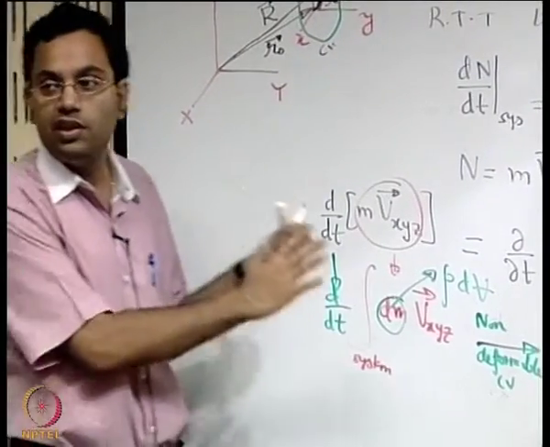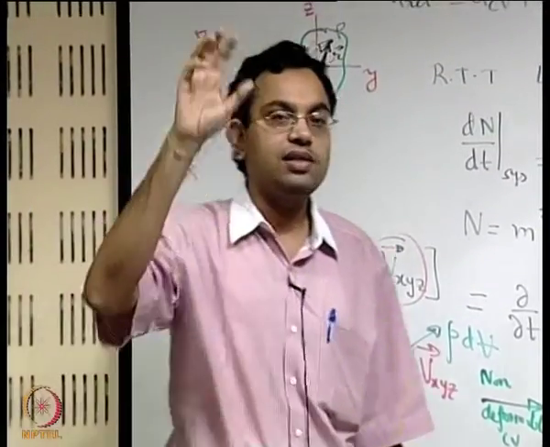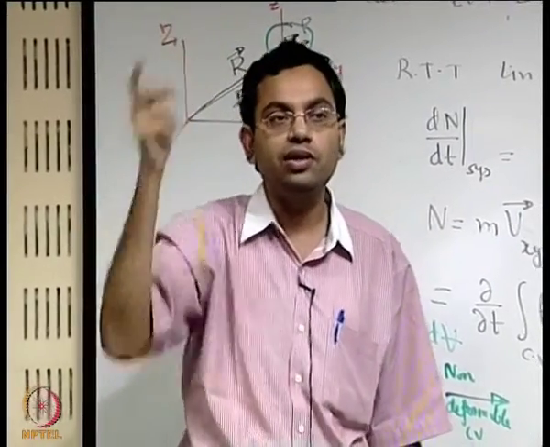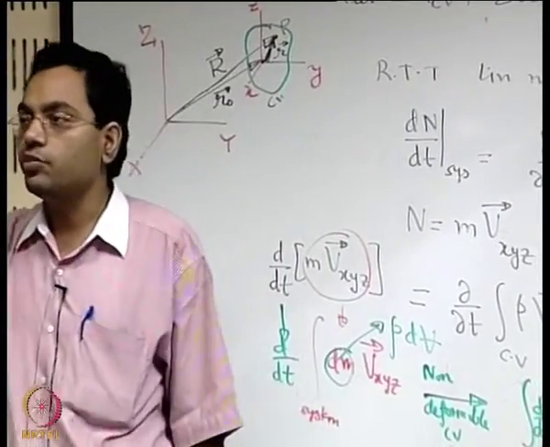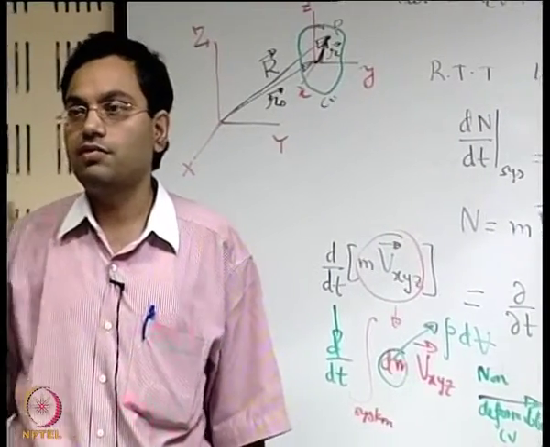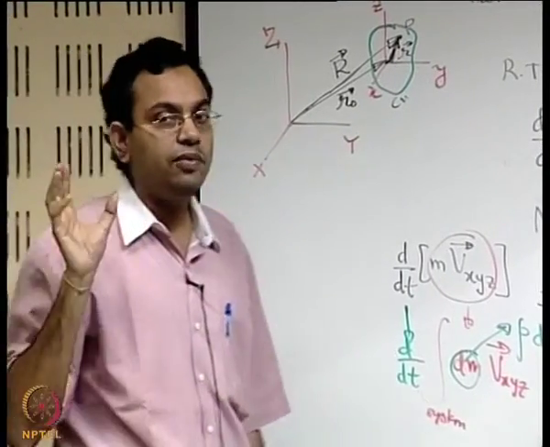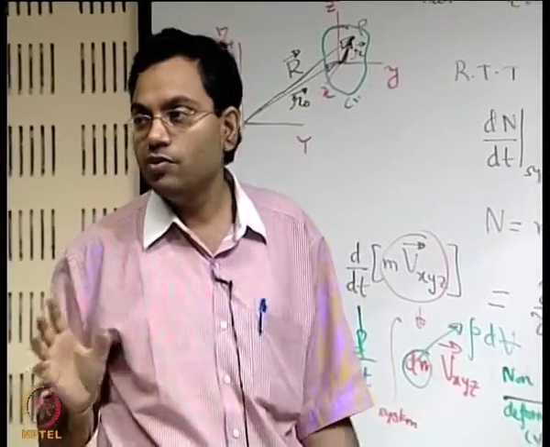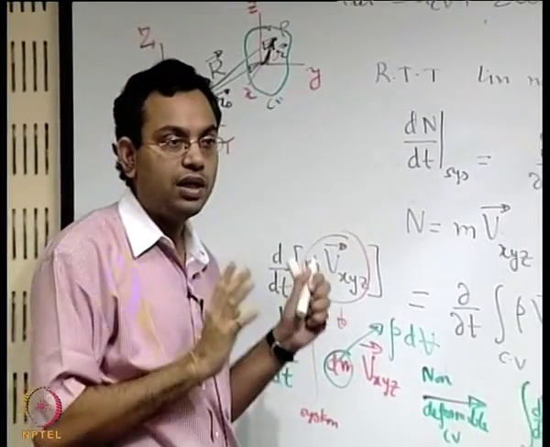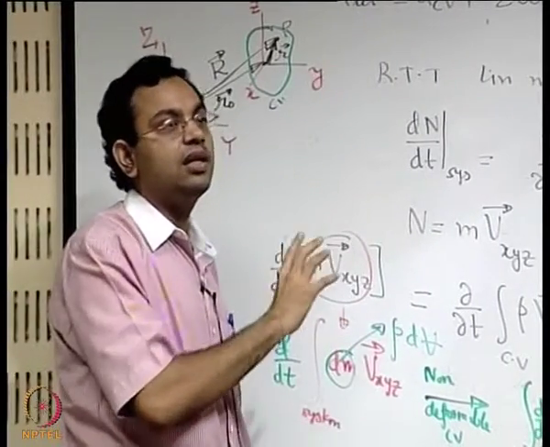So, you require everything, a deformable control volume, arbitrarily accelerating, because when the water is coming out, the balloon might be having arbitrary rotation and arbitrary linear motion. At an elementary level one can do this problem experimentally, but theoretically I would say it is one of the very tough problems in mechanics, which will require the combination of the understanding of fluid mechanics and solid mechanics, deformable control volume, arbitrarily accelerating control volume.